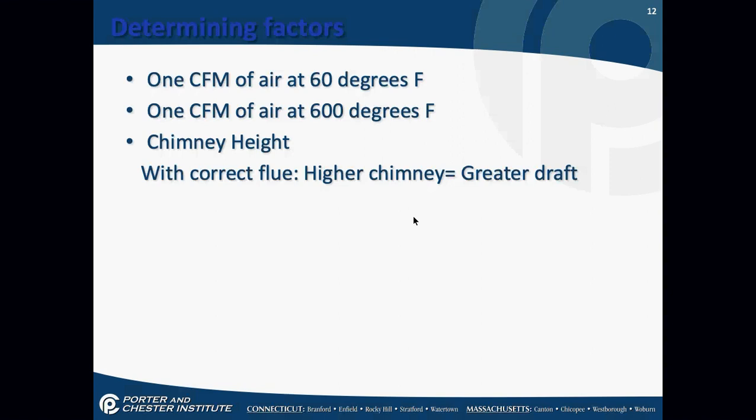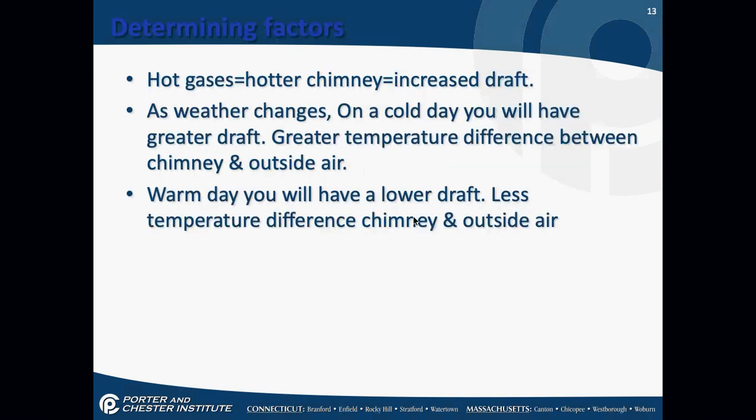What about chimney height? Again, the higher the chimney, the greater draft we're going to get. It's an enclosed passage. The higher it goes, the greater draft we're going to get. The hotter the gas, the hotter the chimney, the increased draft.